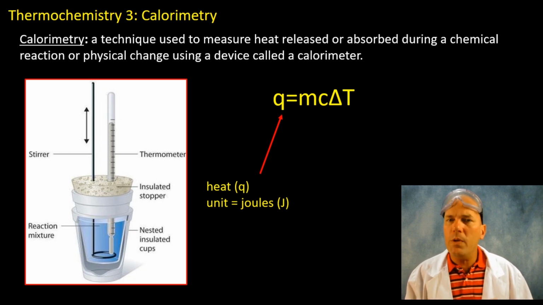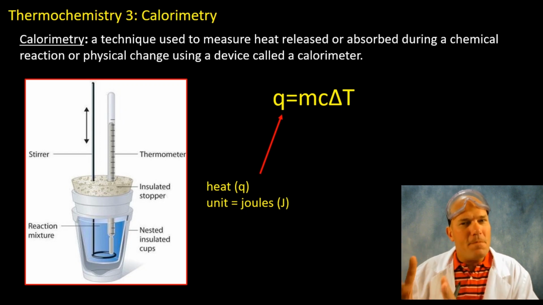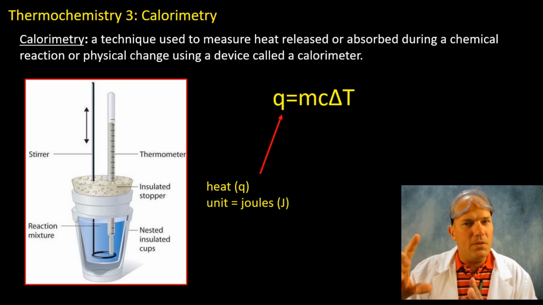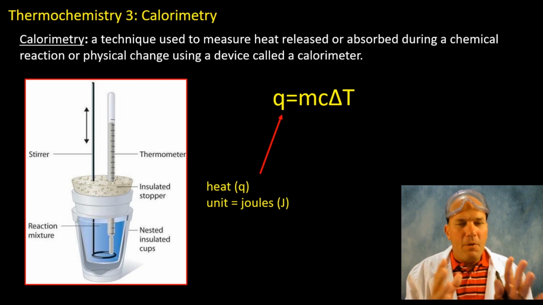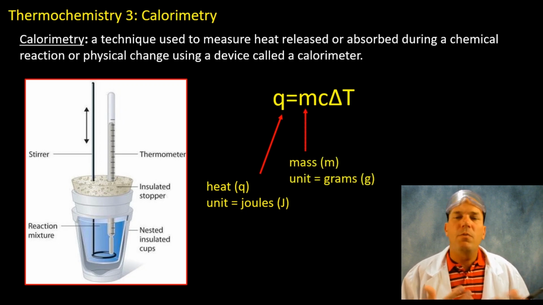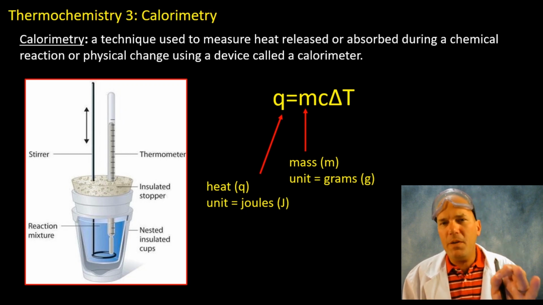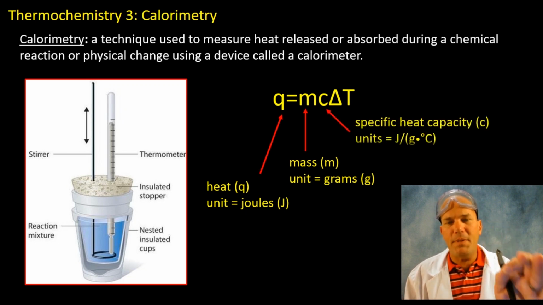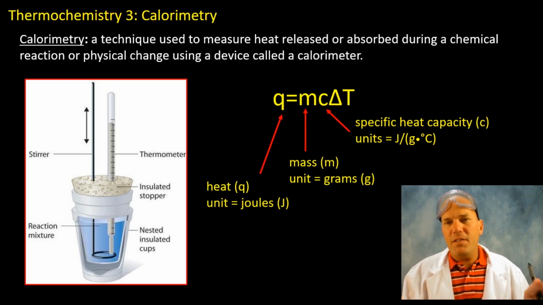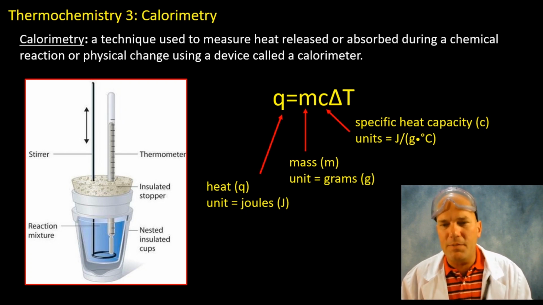Q, lowercase q, is heat, and heat will be expressed in the units of joules. Again, remember enthalpy was in kilojoules per mole, whereas heat, lowercase q, is simply joules. Then we have M, which is the mass of the substance expressed in grams. We have lowercase c, the specific heat capacity, also called the specific heat of a substance, and the units here are joules per gram degrees Celsius.